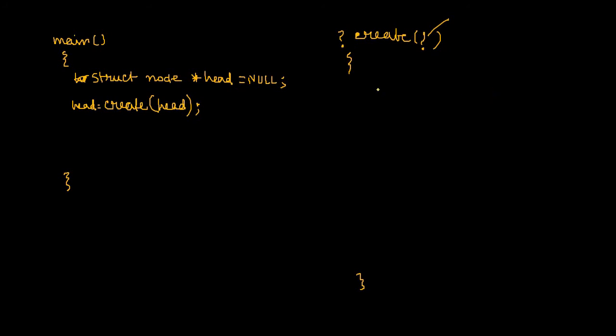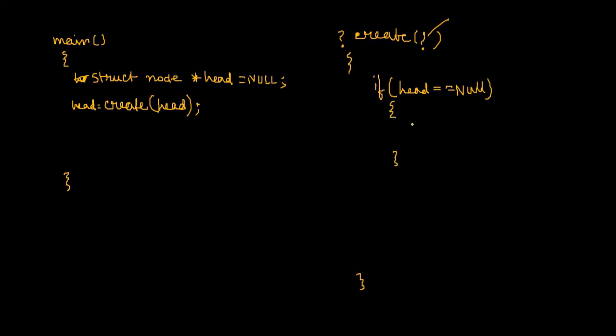The logic is the same: you have to check whether you are calling the create function for the first time or not, and the only way is to check the content of head, because for the first time head will be null, but from the second time onwards it will not remain null. It will point to some valid node. So if head is equal to null, that means it is the first time.